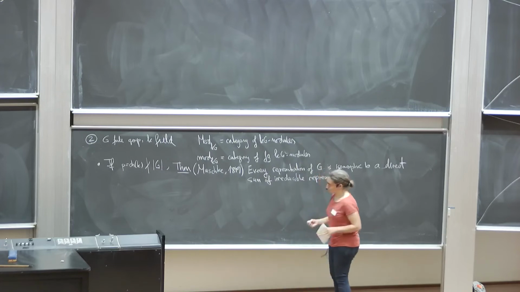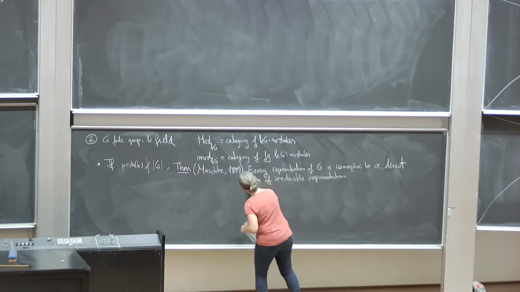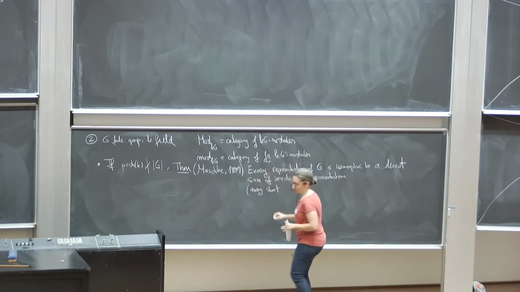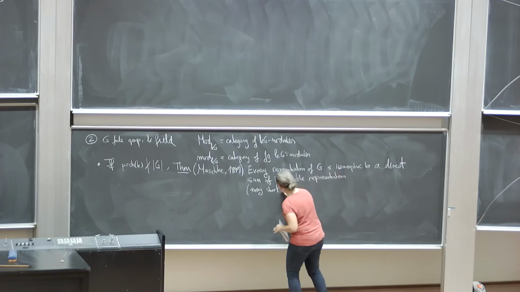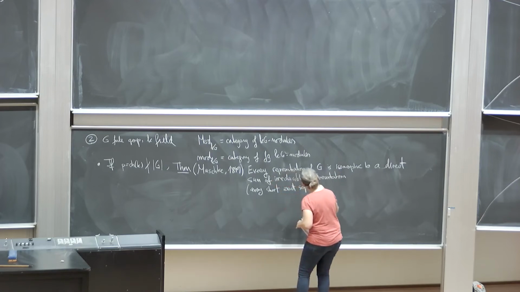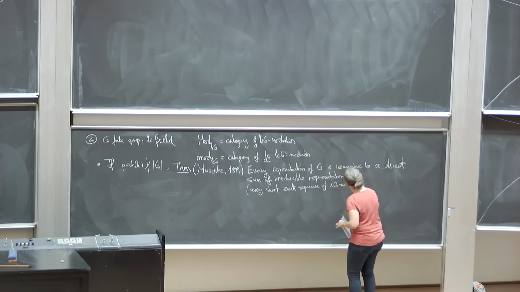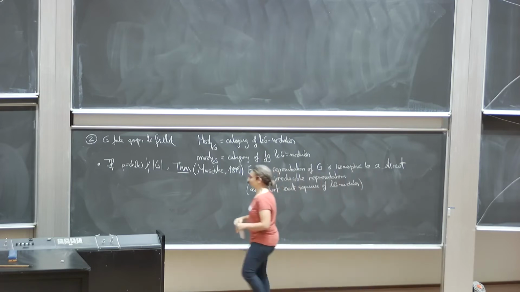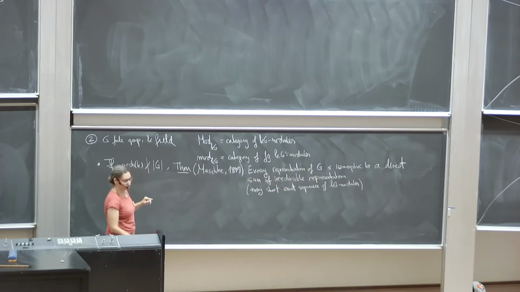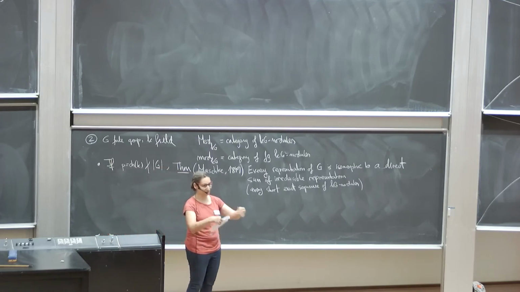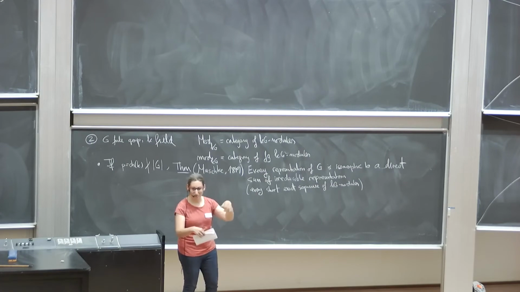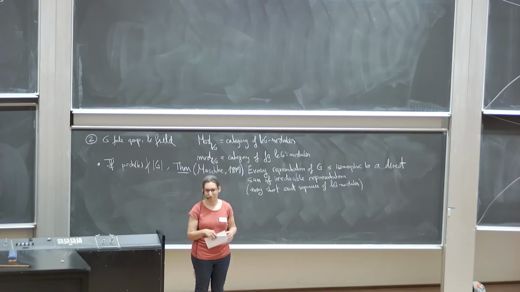The essential point is that in this context, every short exact sequence of KG modules splits. And the idea is that if p does not divide the order of the group, then you can average. You can just add all possible preimages, divide by the order of G, and you can construct sections.